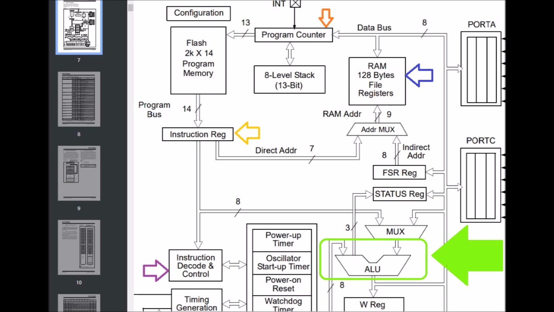It works in conjunction with the program counter, the instruction register, and the control unit to execute instructions stored in the program memory. The efficient functioning of the ALU is crucial for the overall performance and capability of the microcontroller.